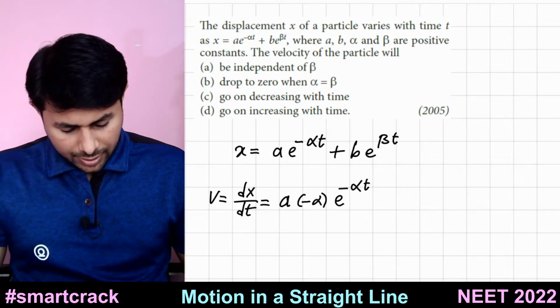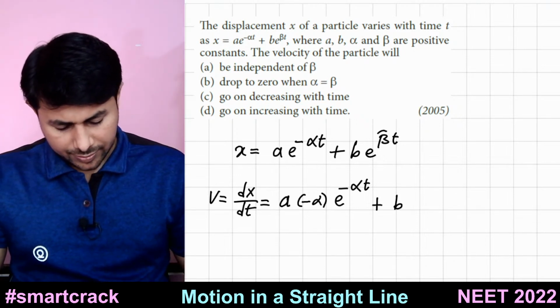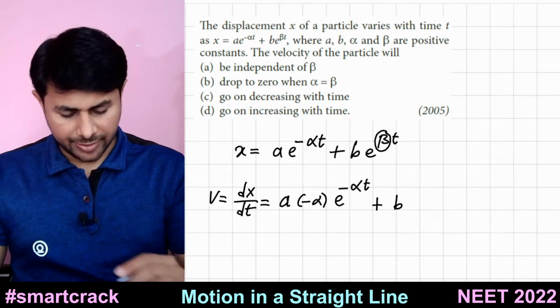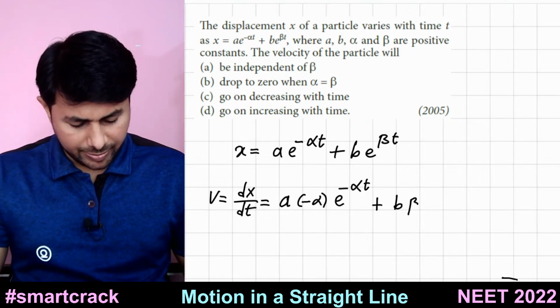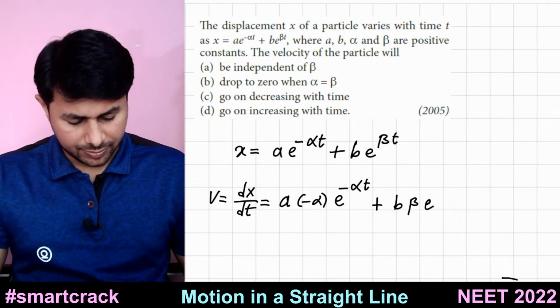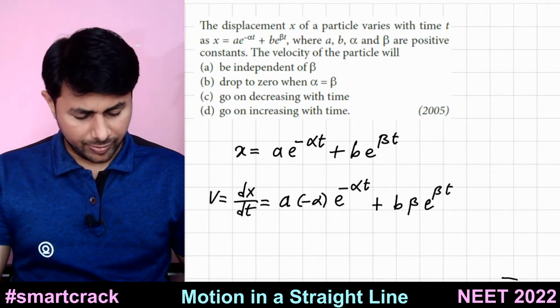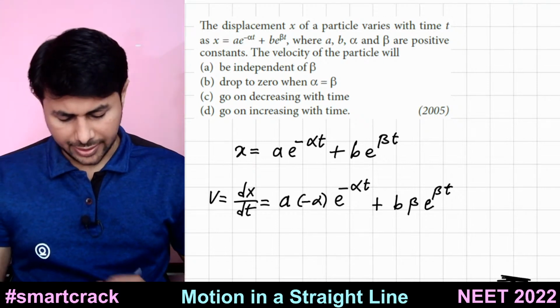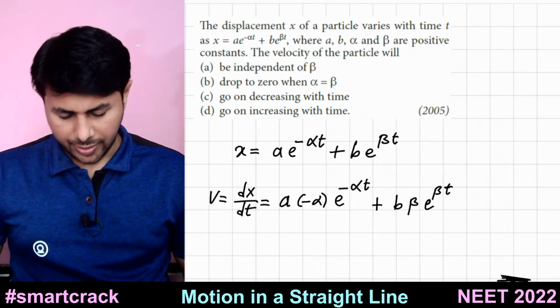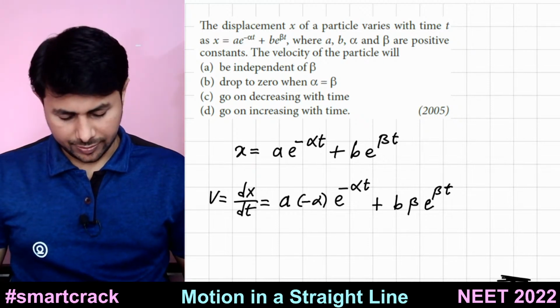Here we have b into e raised to beta t, where the coefficient is beta. So it is b into beta into e raised to beta t. Now we got the formula for velocity, so let's check the options.